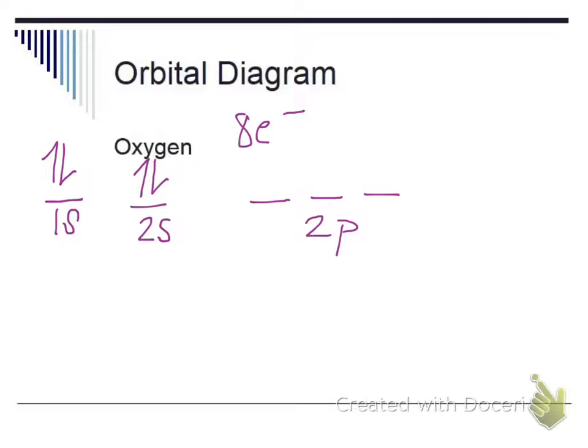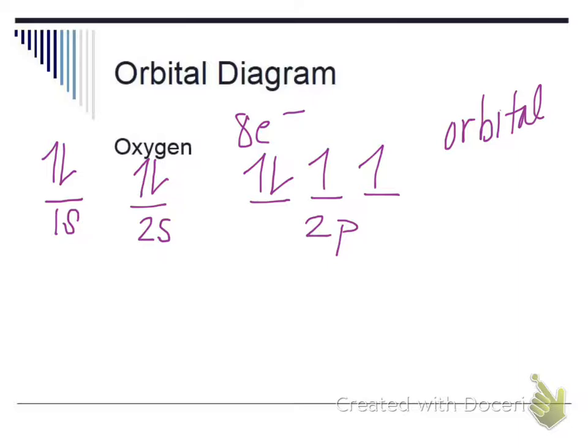This is electron 5, 6, 7, and now 8. Now I have put 8 electrons. Do I stop or keep going? Stop. I've got 8 electrons.